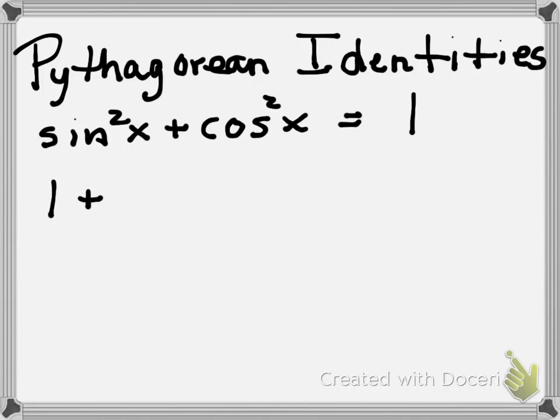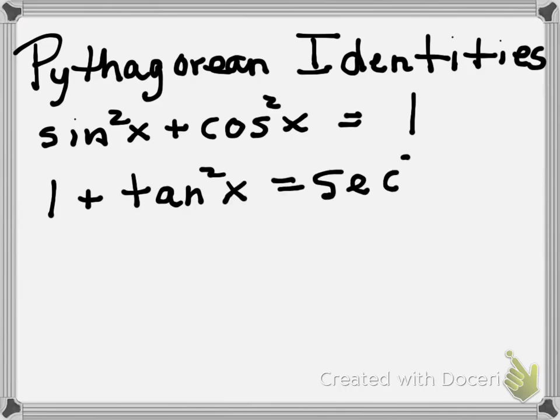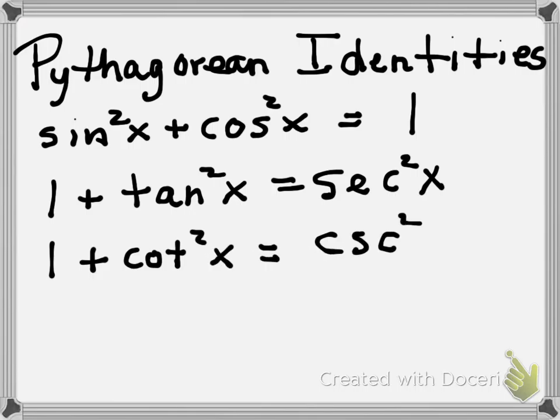Another one that we have is 1 plus tangent squared x is equal to secant squared x. So if you see secant squared x, you can replace it with the substitution of 1 plus tangent squared x. And 1 plus cotangent squared x is equal to cosecant squared x.